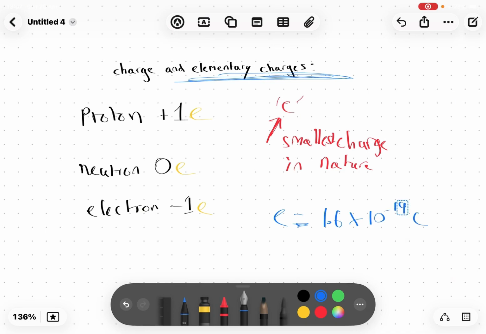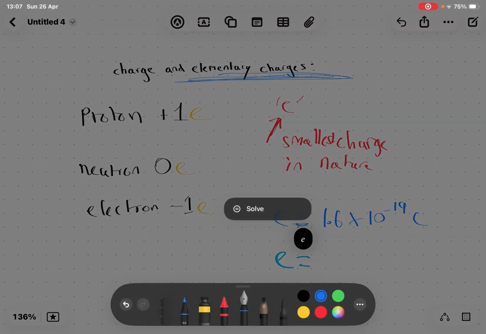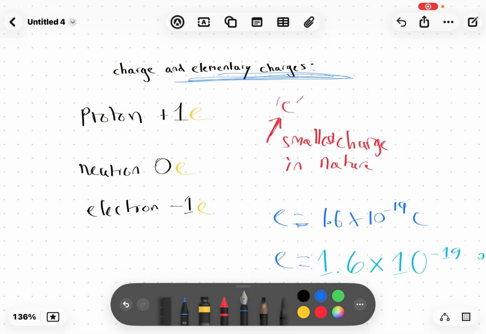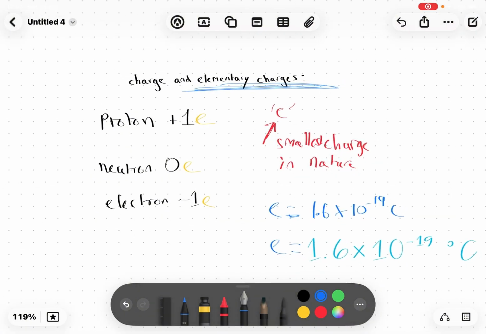I just want to quickly check what's on my calculator. If I write down e equals, okay, the iPad was right. Now how does this work?